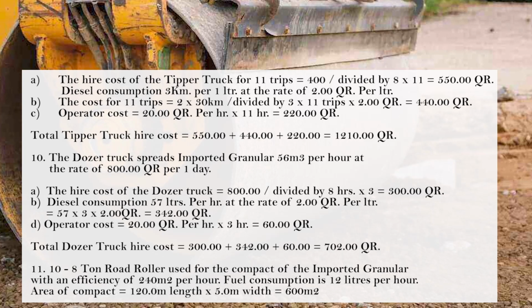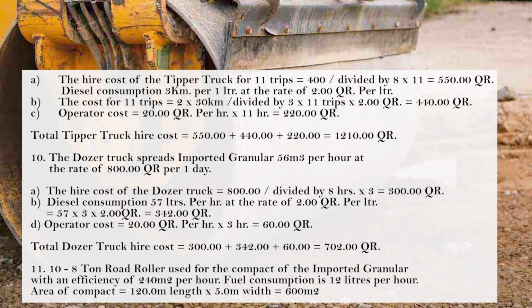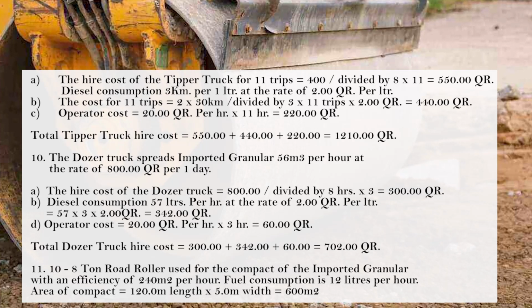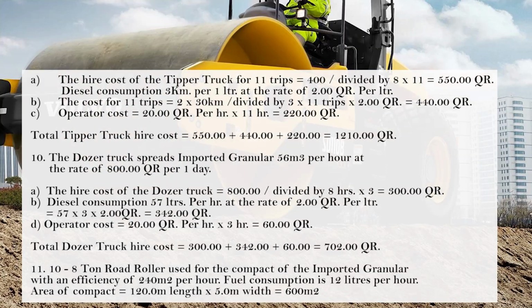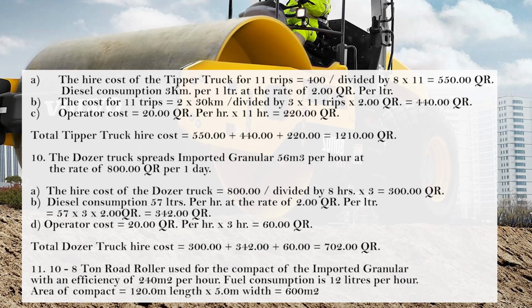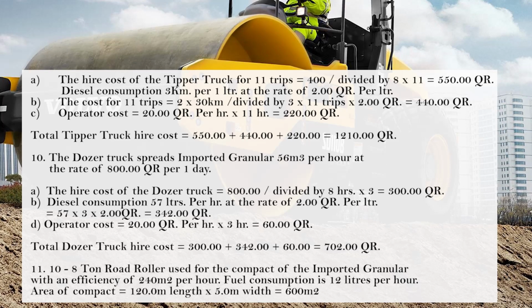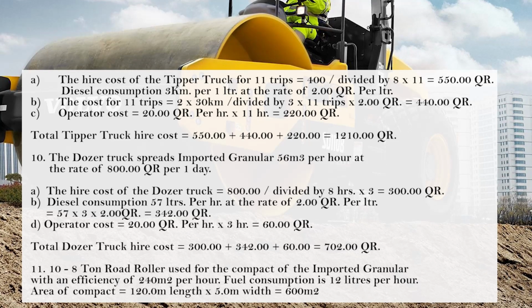10. The dozer truck spreads imported granular 56 cubic meter per hour at the rate of 800 Qatar riyal per 1 day. A. The hire cost of the dozer truck equals 800 Qatar riyal divided by 8 hours into 3 equals 300 Qatar riyal.